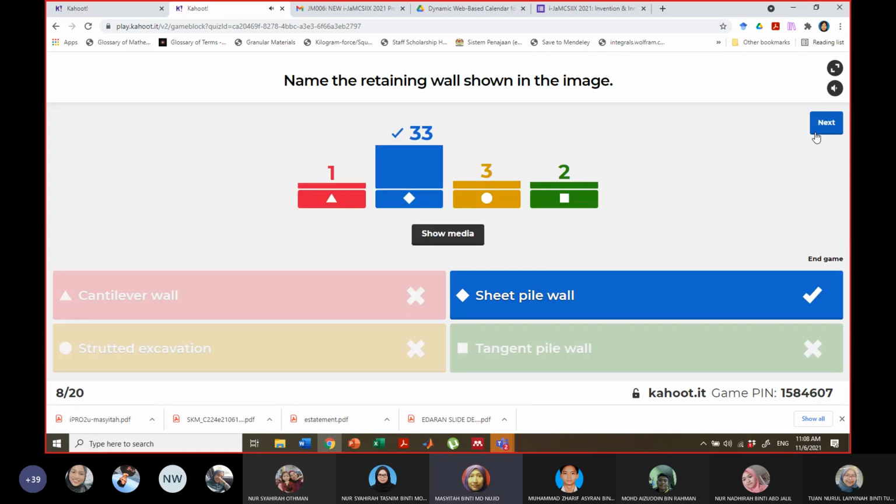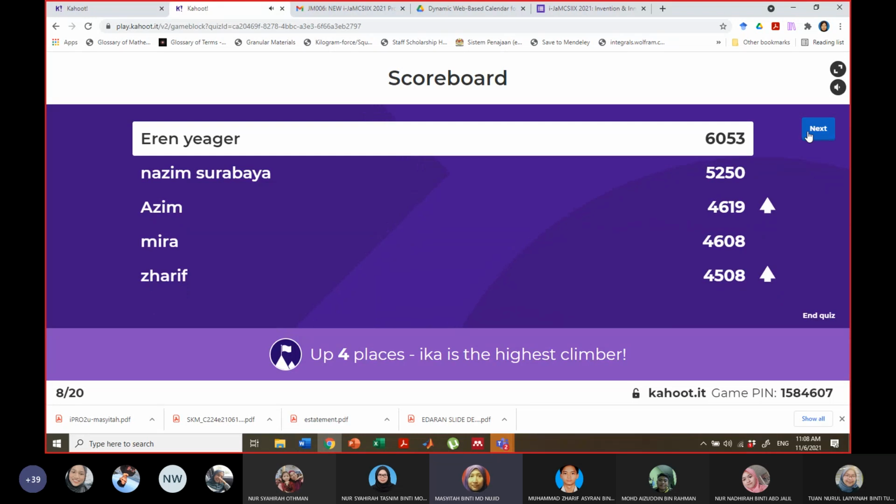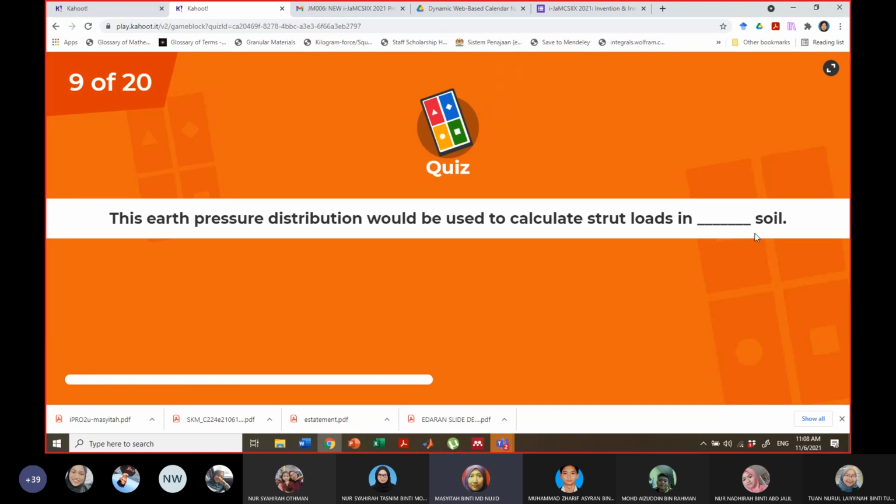Yes, sheet pile wall. The best thing about a sheet pile wall is that it can be in the water to retain water. Okay, so good, Erin. So the next question is the earth pressure distribution.